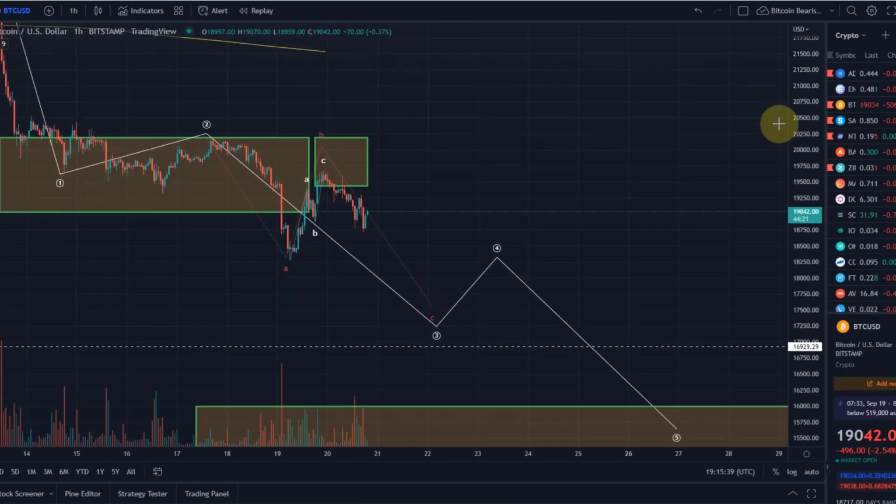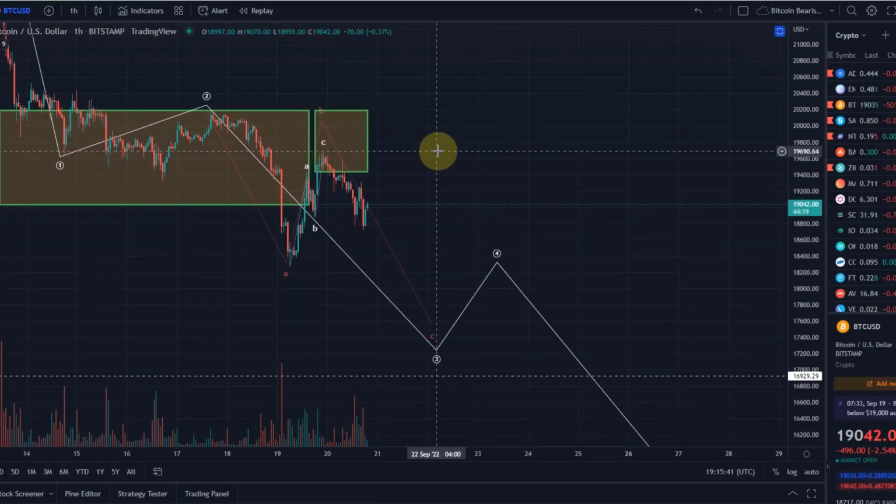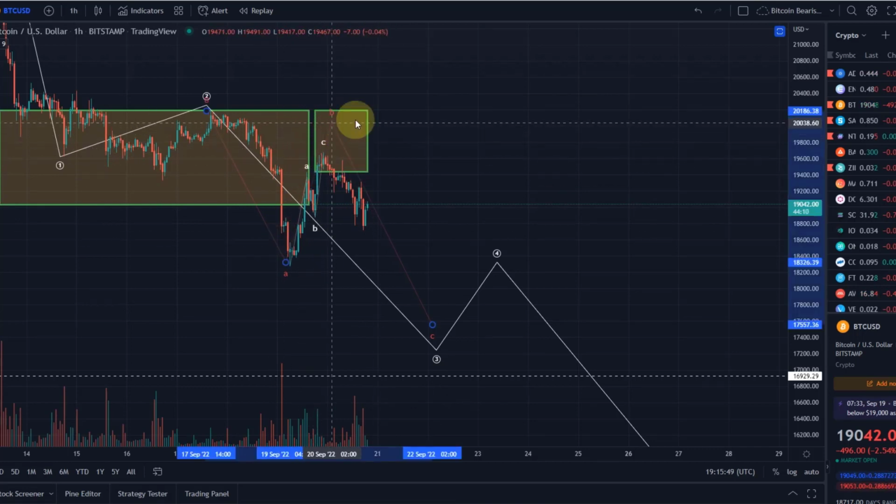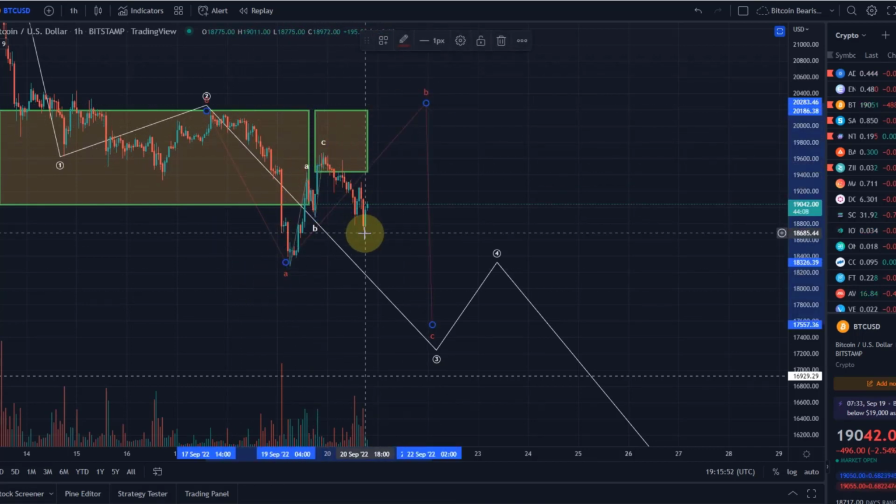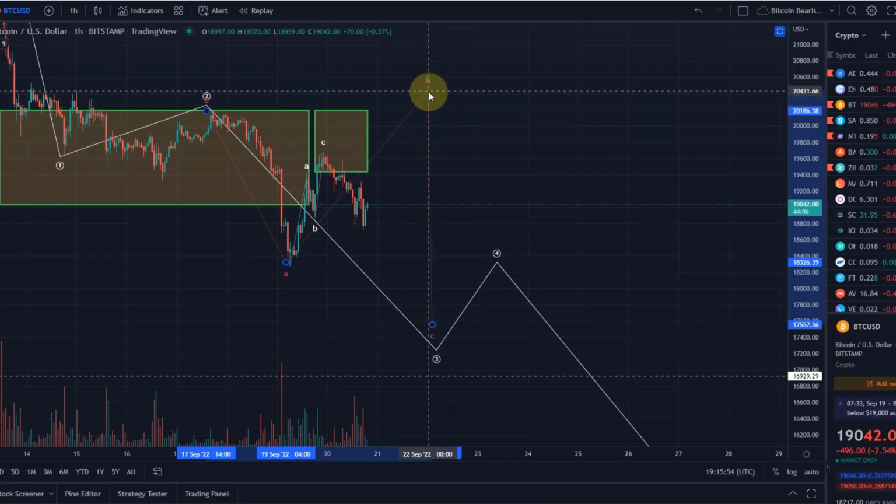So at the moment, really, it is this swing high at 18.7k, in the very short term 19.7k. If we go above 19.7k, it makes it very likely that we are going to see an extended wave B, A, B, C. And then we just need to see if it breaks 20.1k or not.